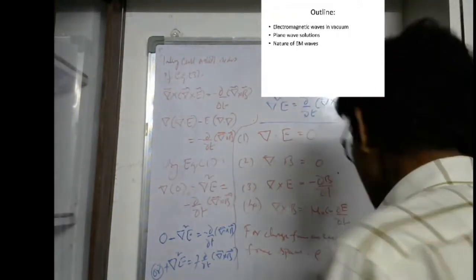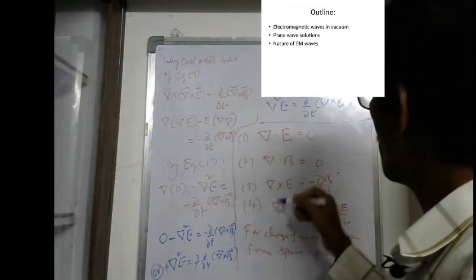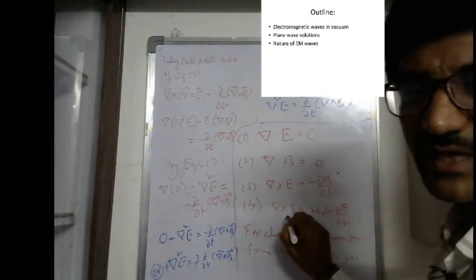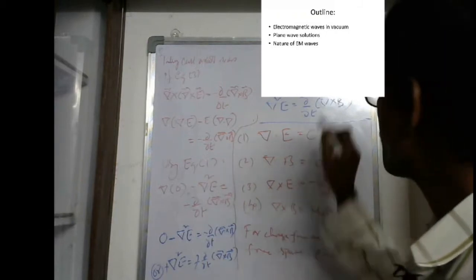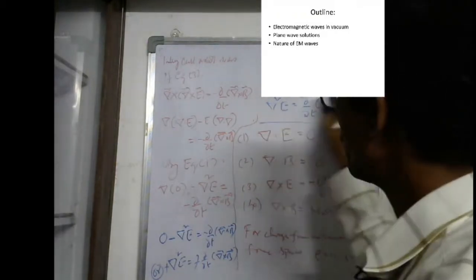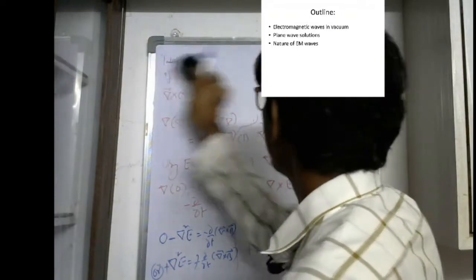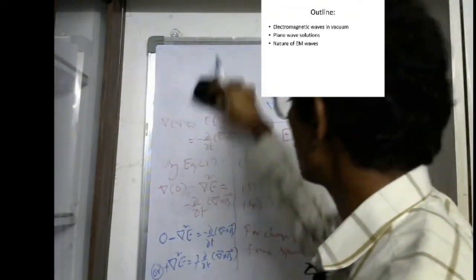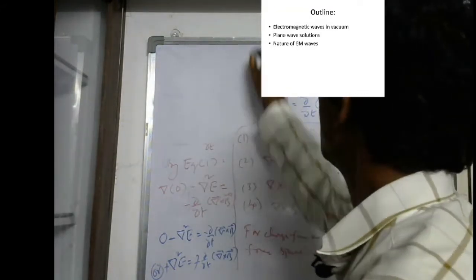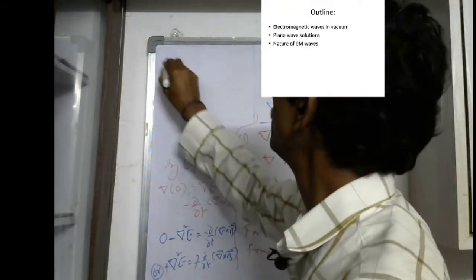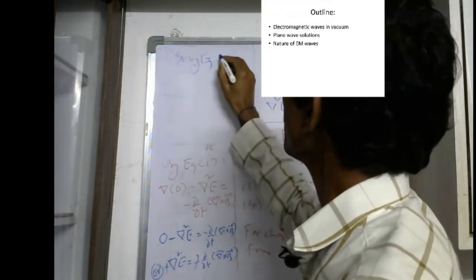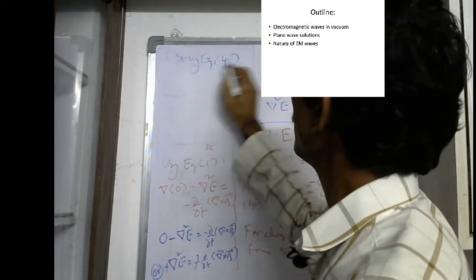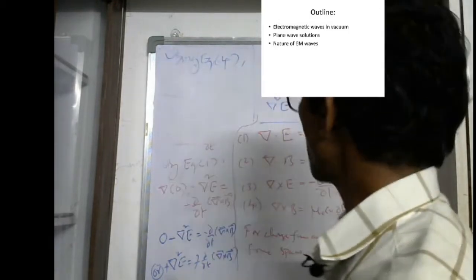Now we are also having the expression for del cross B in Maxwell's equations. So we are using equation number 4, Maxwell's fourth equation, in this last derived form of the equation. What happens here?